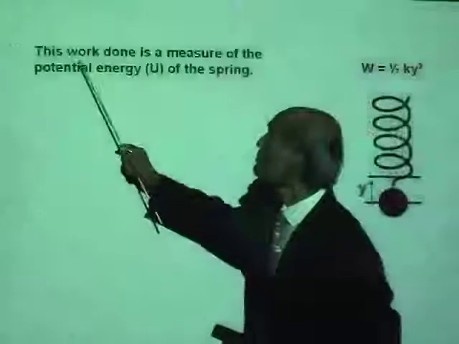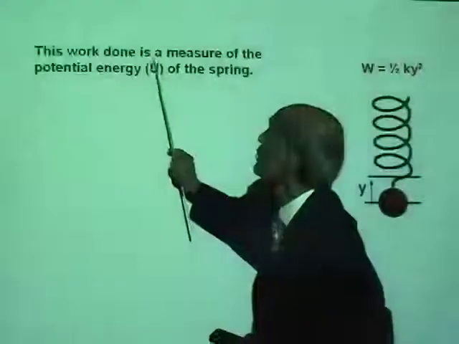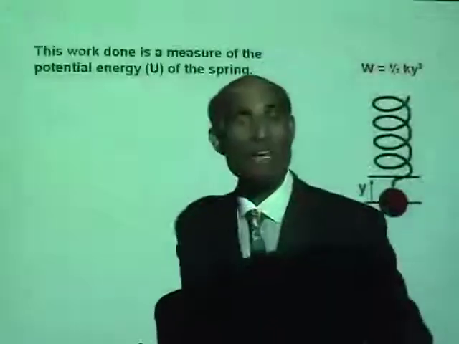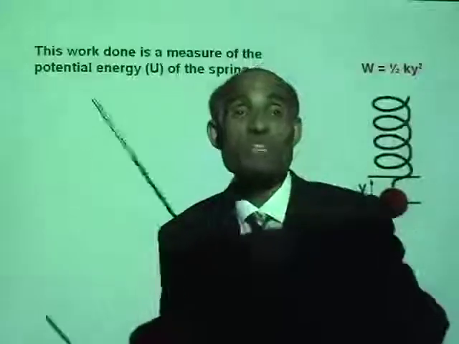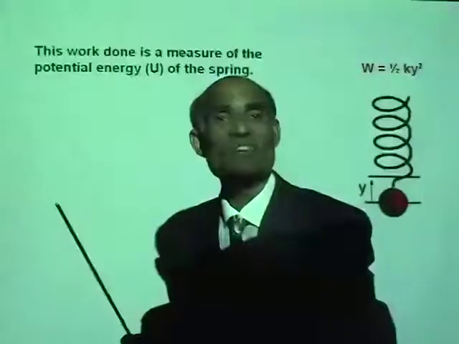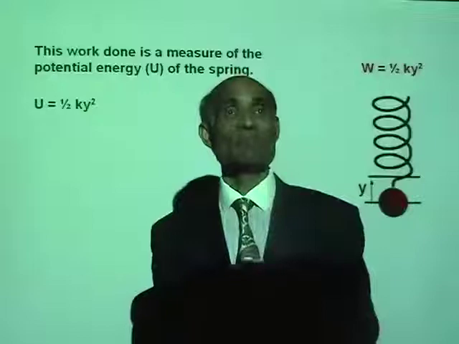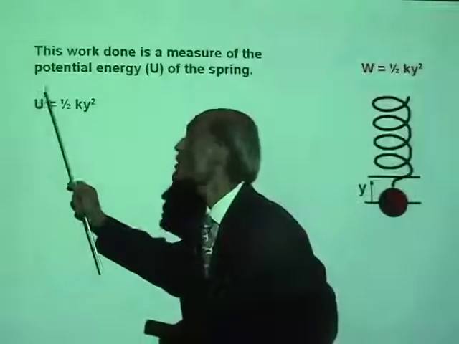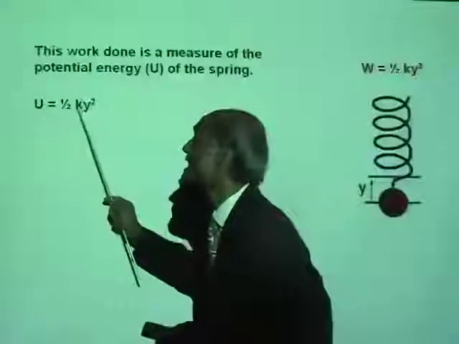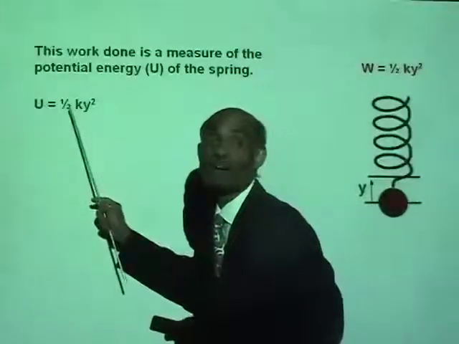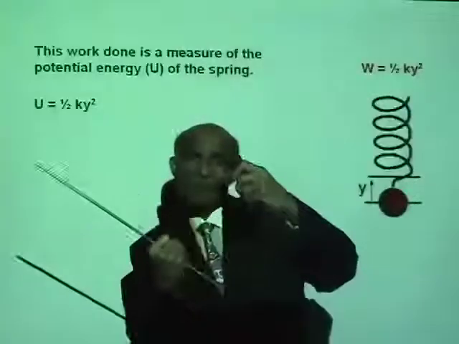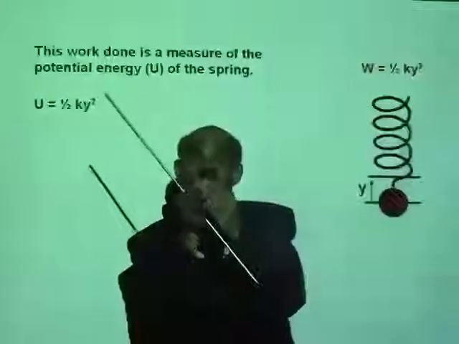This work done is a measure of the potential energy U of the spring. So what is the potential energy of a stretched spring? The potential energy U of a stretched spring is U equal to 1/2 k y squared, where k is the spring constant and y is the amount of stretch or the amount of compression.